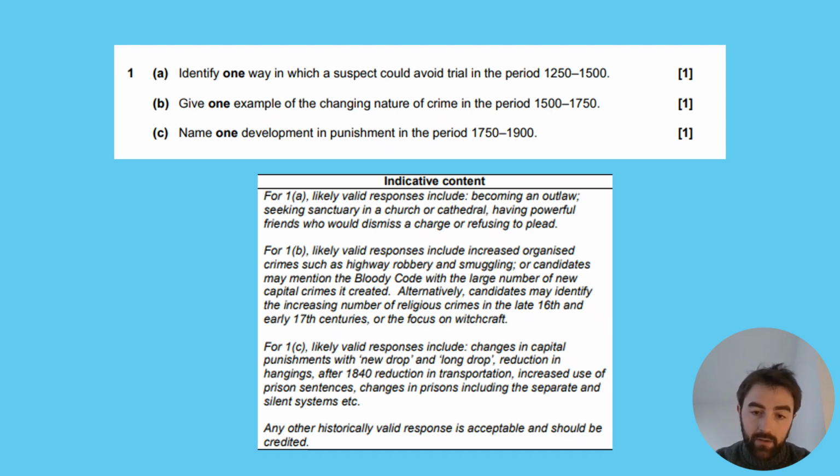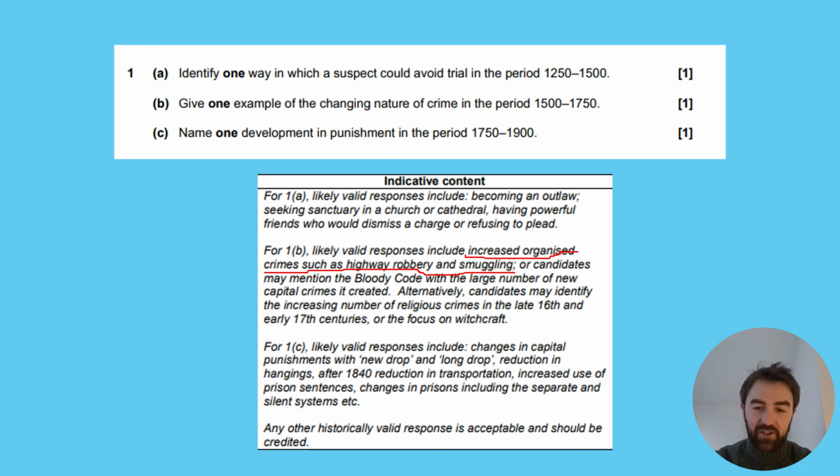here it says for 1B, the question being, give one example of the change in nature of crime in the period 1500 to 1750. One of the examples it gives is increase in organised crime such as highway robbery and smuggling.